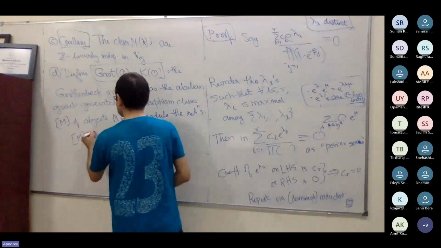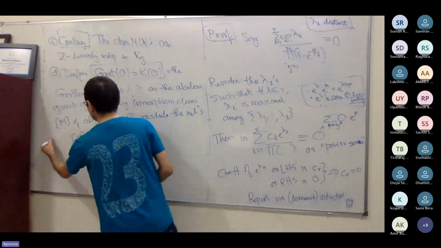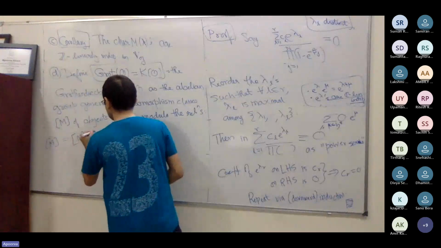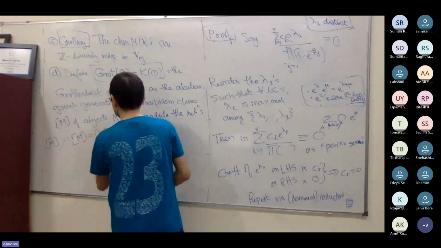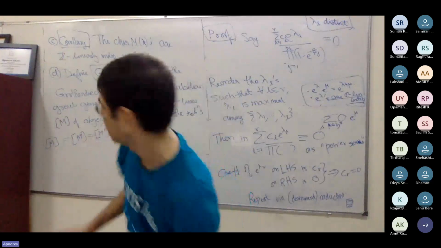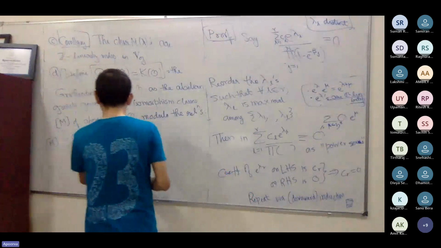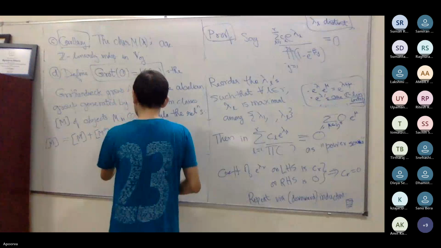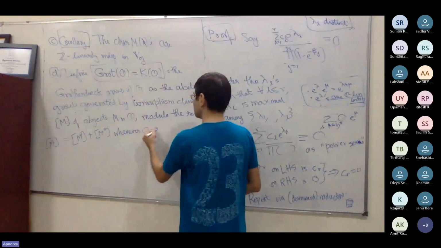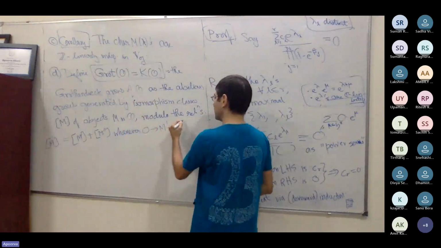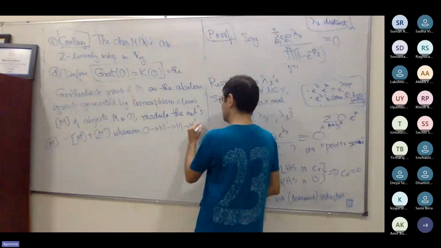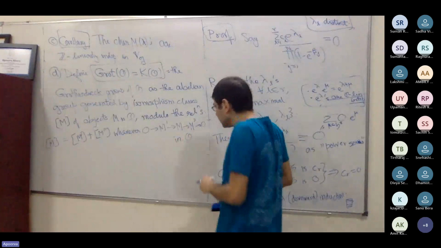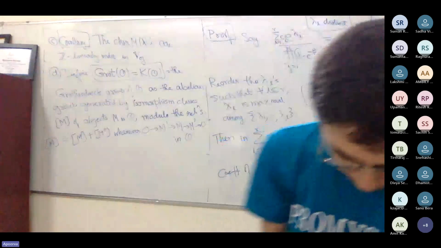M equals M prime plus M double prime whenever you have a short exact sequence, whenever you have 0 to M prime to M to M double prime to 0 in category O. Of course these things should all be H semi-simple.